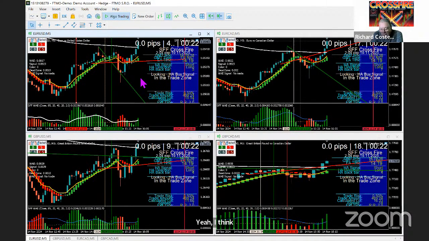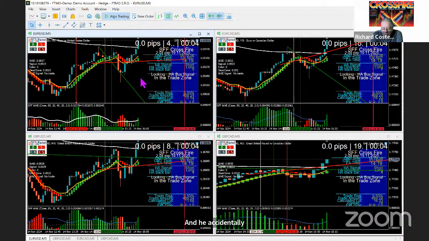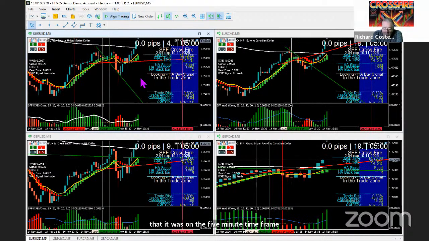The reason why I started testing it on the 5 minute was we had a guy in the group who started testing the Crossfire Assistant, and he accidentally did it on the 5 minute time frame. He wasn't aware that it was on the 5 minute time frame. It only took 2 trades, but each of them made 2% in one day.